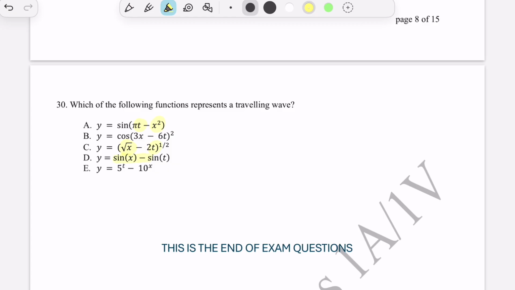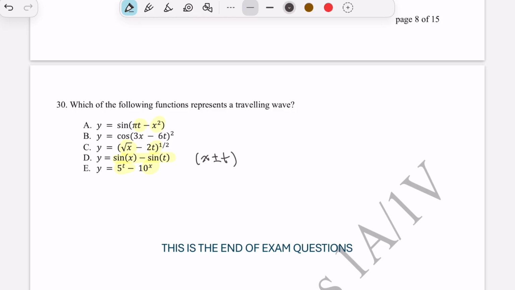Here I have sine x minus sine t, so I can't write it in the form of x plus or minus t because there's no way I can fuse these two together. And lastly, this one makes no sense. Why are they in the exponent?